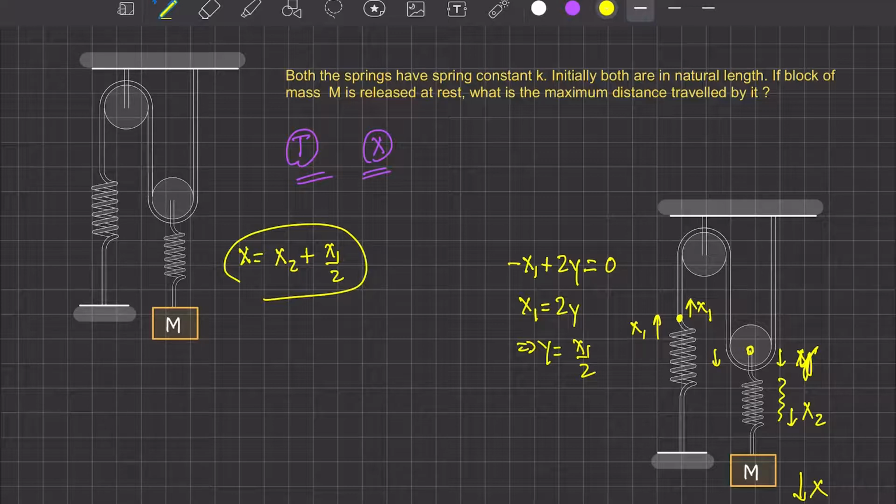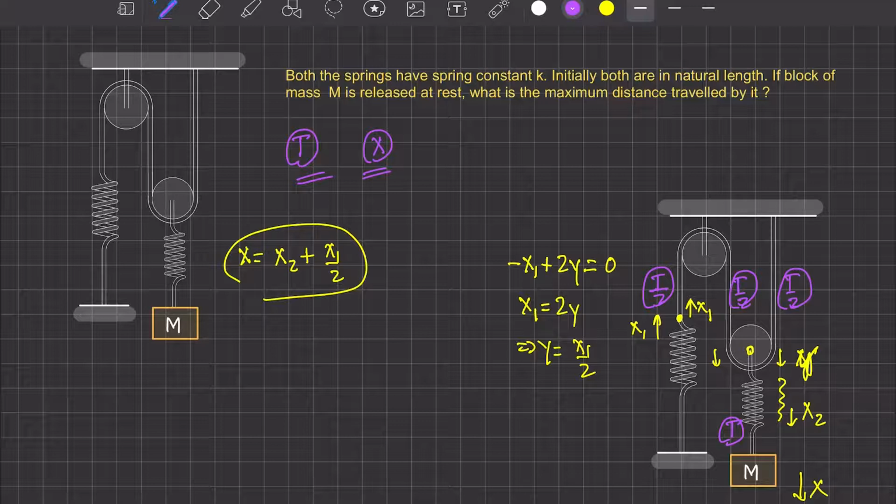Now we don't know the relation between x1 and x2, right? Let's find that out. Let's say at any point of time the tension in the lower spring is T. So if here the tension is T, then here it will be T by 2, here it will be T by 2, and here also it will be T by 2, right?